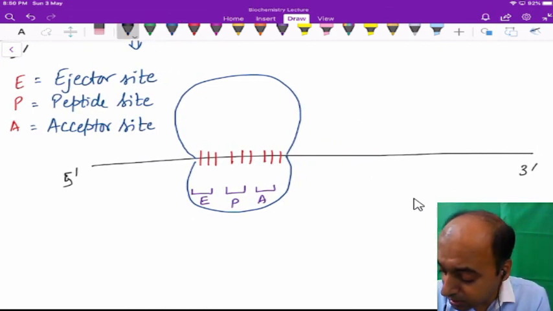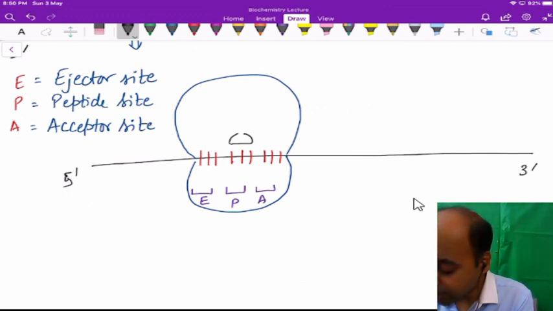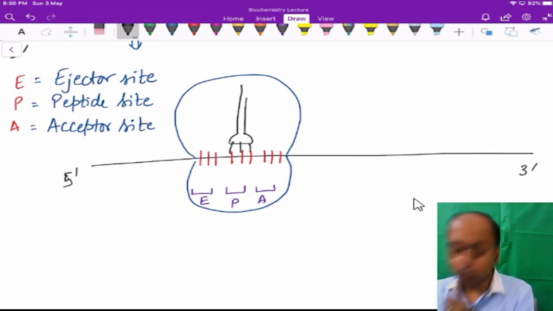Also, don't forget that in the initiation complex, we have one amino acid tRNA also.